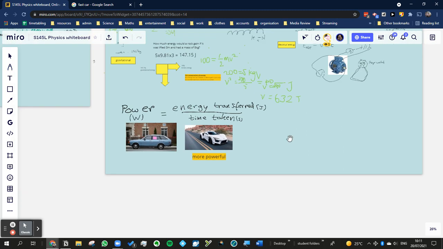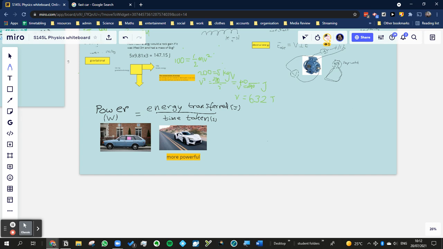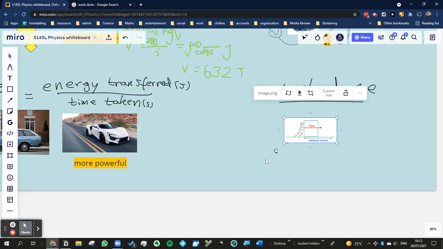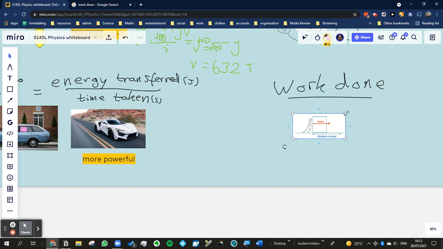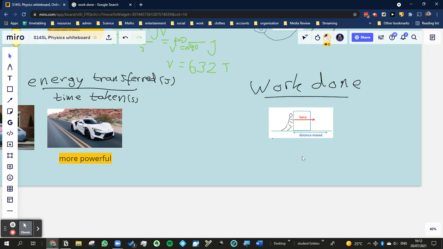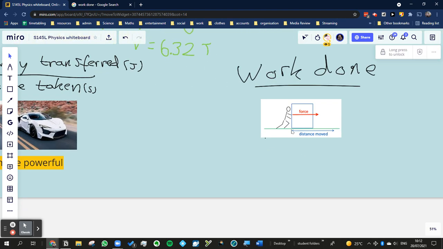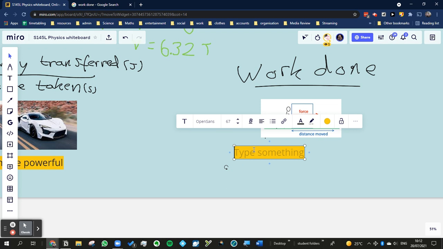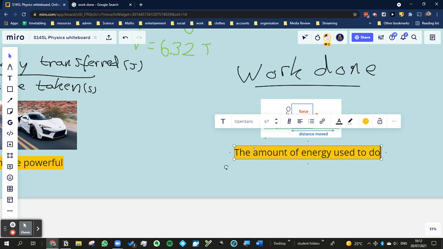Another related formula with energy is work done. So I'll get an image for this one. Let's imagine this person is pushing something, and there's a certain distance he's going to push it for. Well, first of all, what is work done? Work done is the amount of energy used to do something.